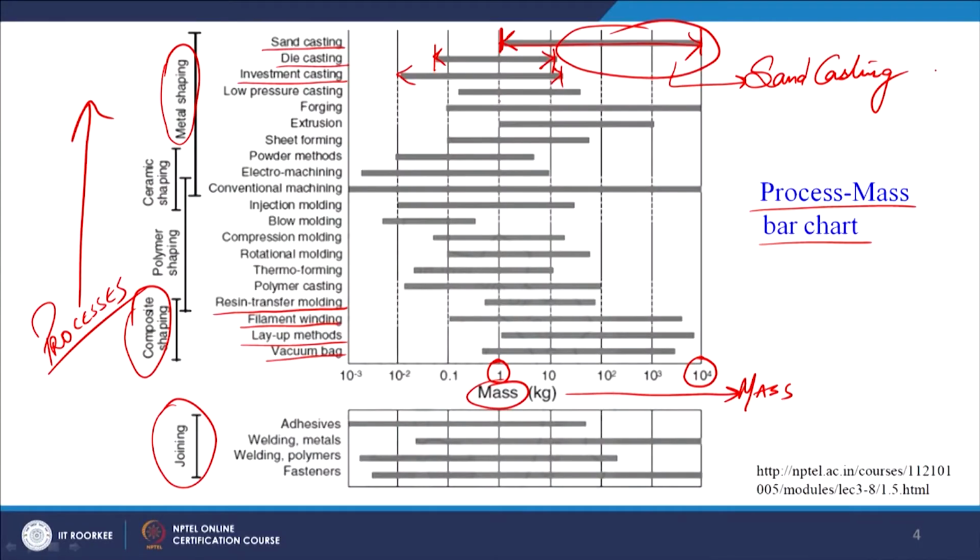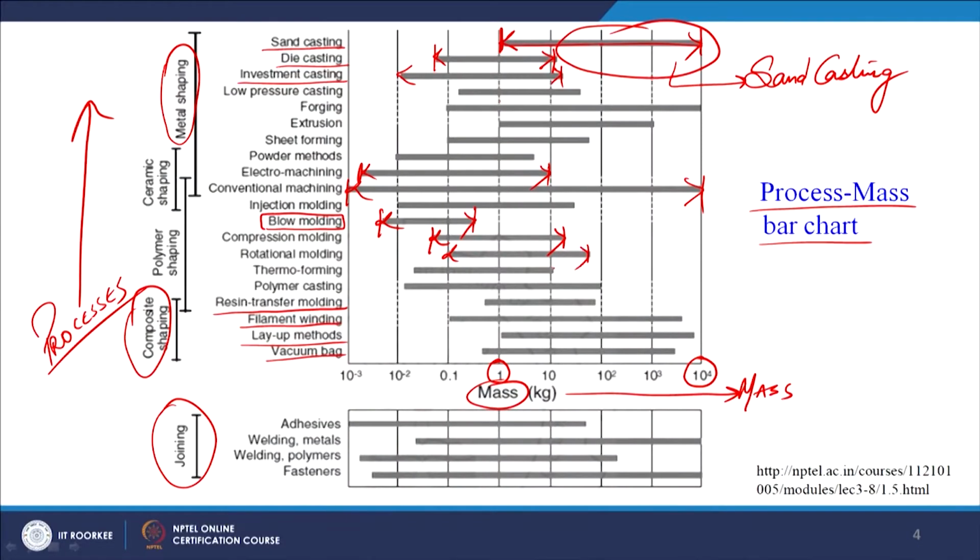Similarly, we can see here that for electromachining this is the mass range, and for conventional machining a very wide range. So we can do the ceramic shaping and conventional machining over a very large range.